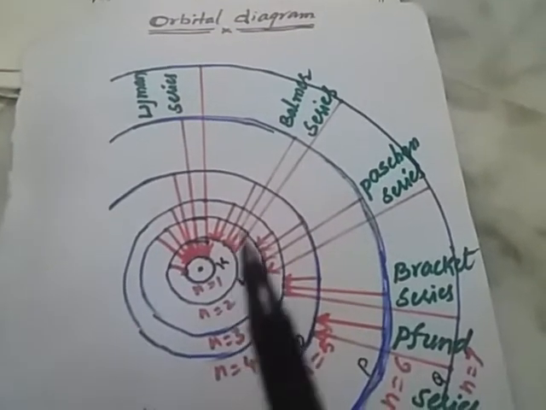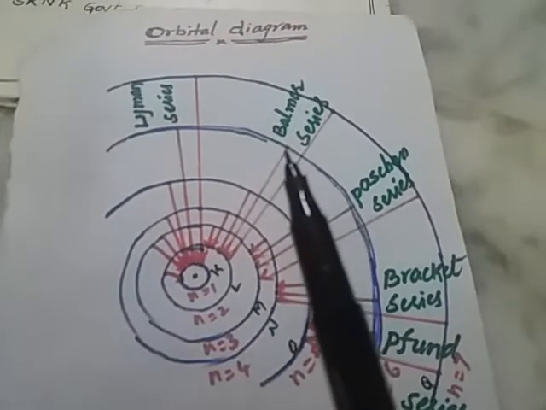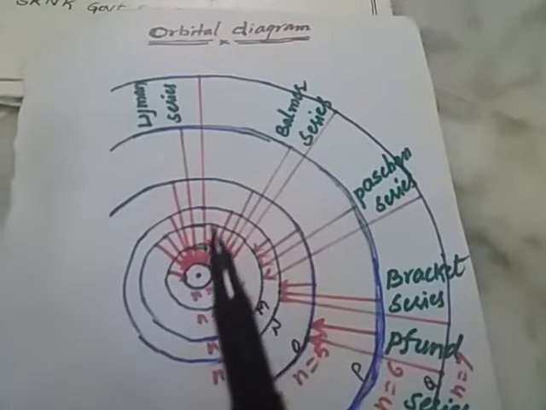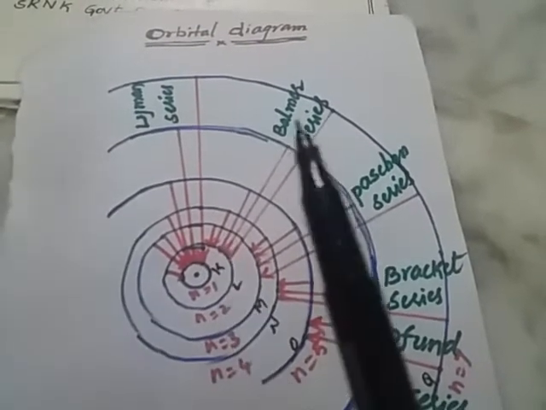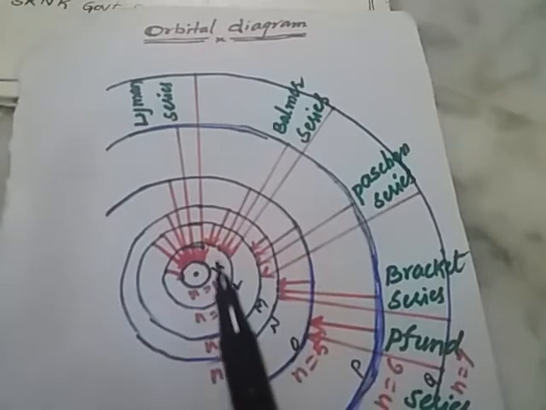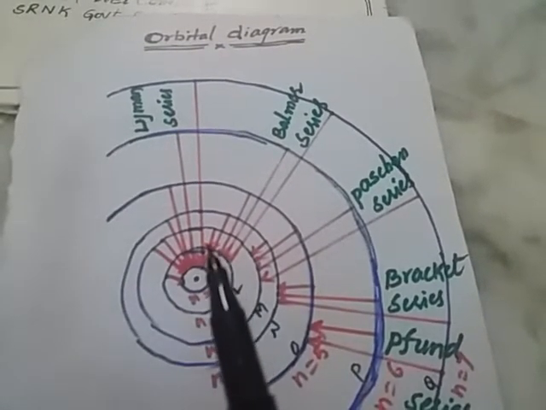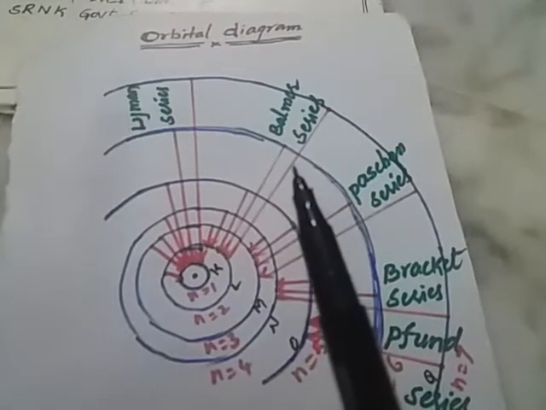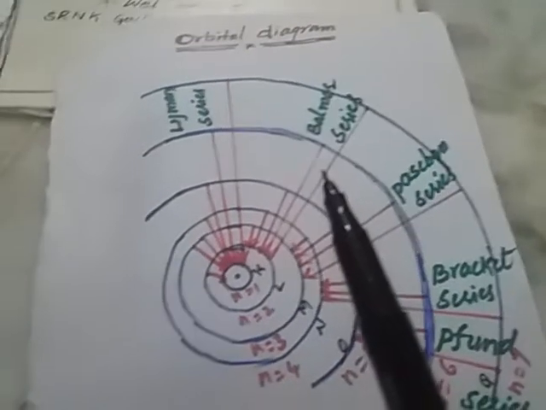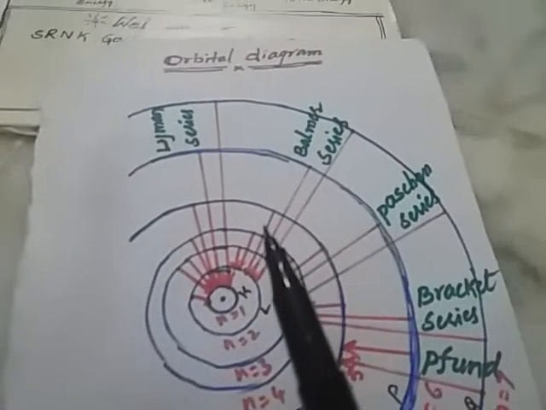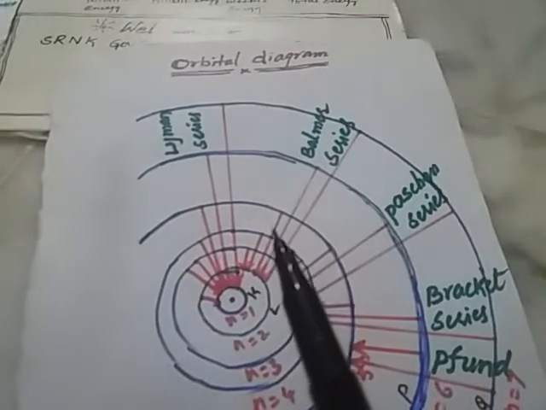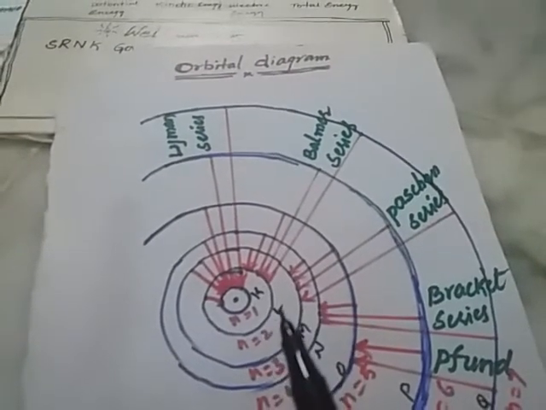Similarly, what is the Balmer series, students? The Balmer series is defined as when an electron jumps from the outer orbits to the second orbit, n equal to 2, the L shell.